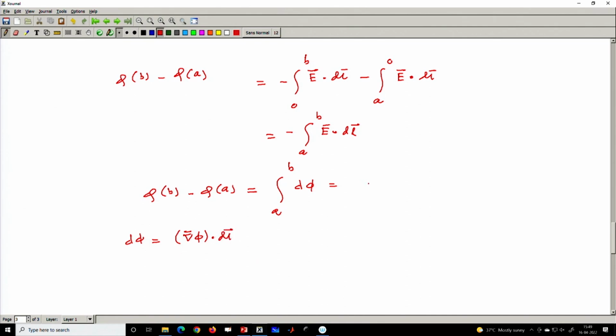So, I replace it here, and it should be a to b gradient of phi dot dl. I just write in terms of d phi, and that quantity is nothing but minus of a to b E dot dl.